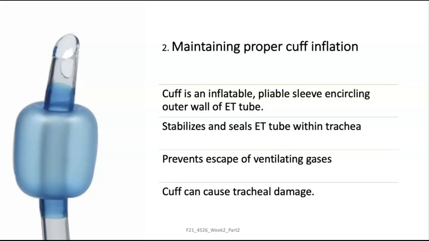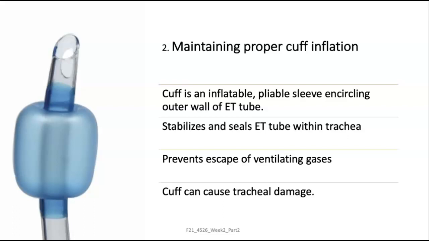So to avoid damage, the cuff is inflated with air, and the pressure in the cuff is measured and monitored. This is done by the RT. It will need to be measured and recorded after intubation and on a routine basis, usually about every 8 hours, to ensure that there's no leak going on.